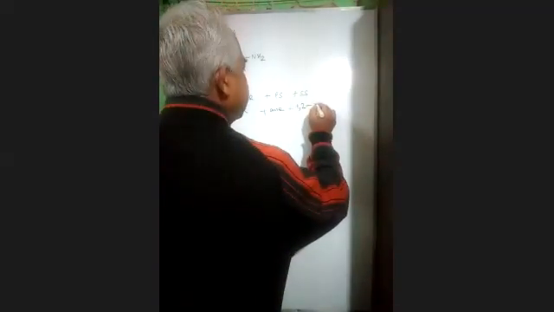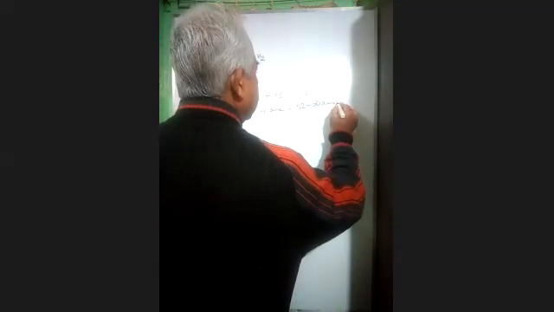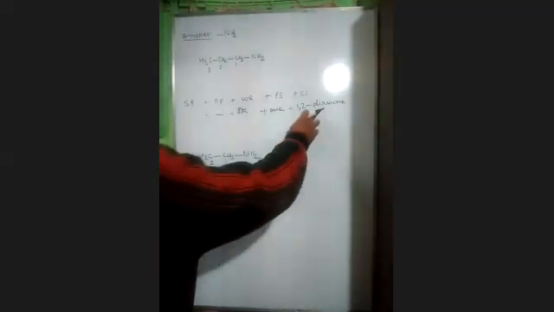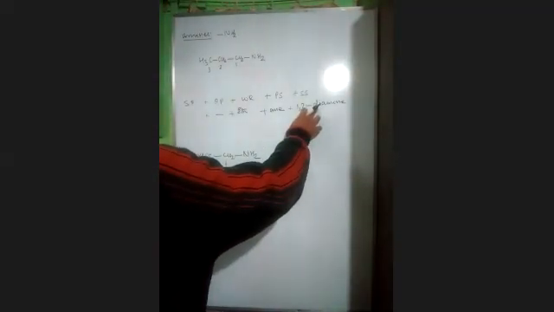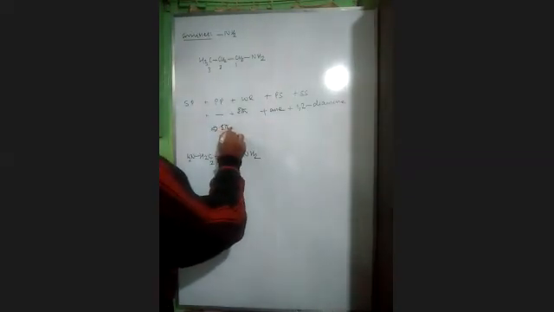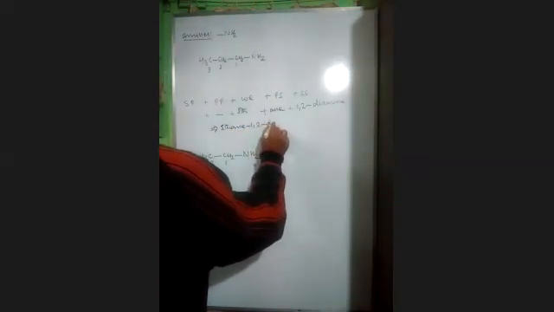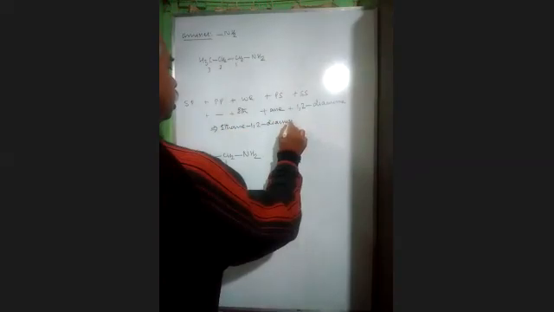For 2 I have to write di. Then here amine. Okay. Now see here. The first letter of the secondary suffix is not a vowel. So we are not going to remove this E. So the name is ethane-1,2-diamine.